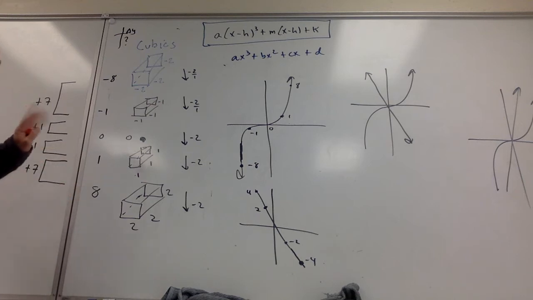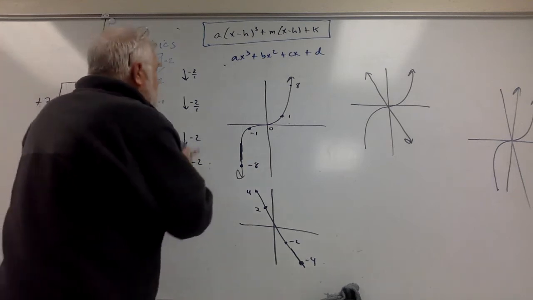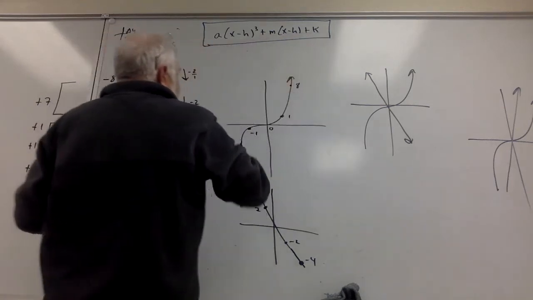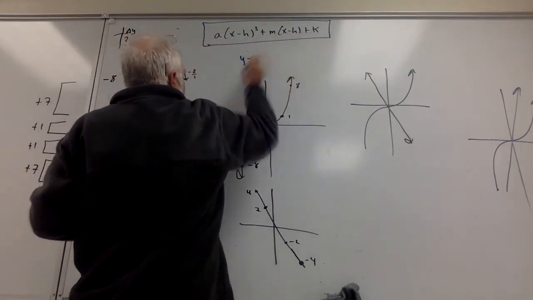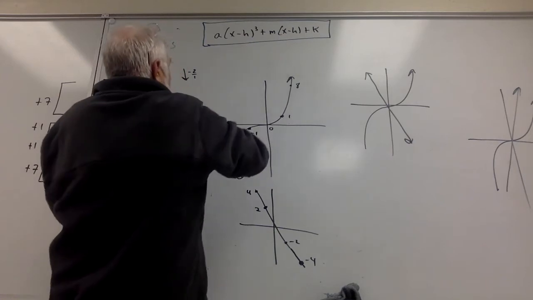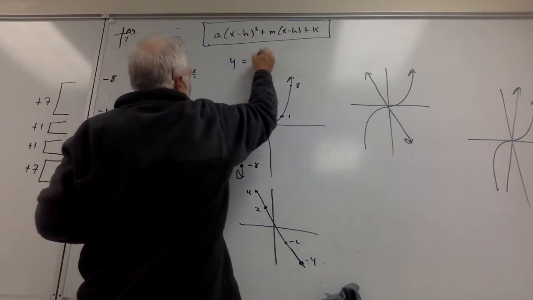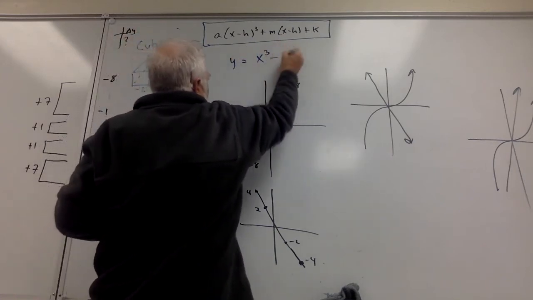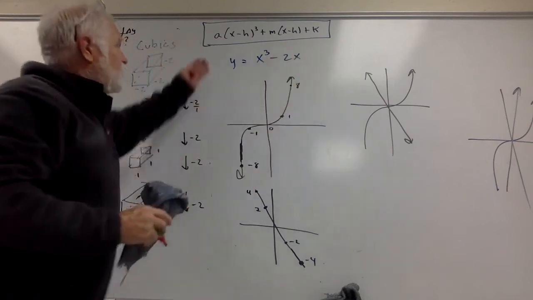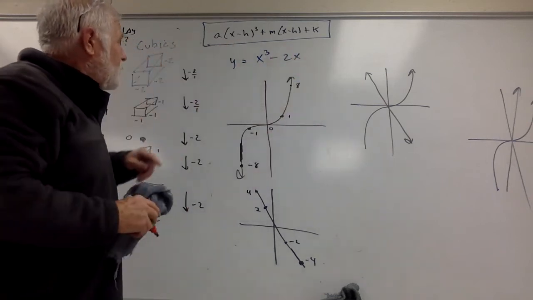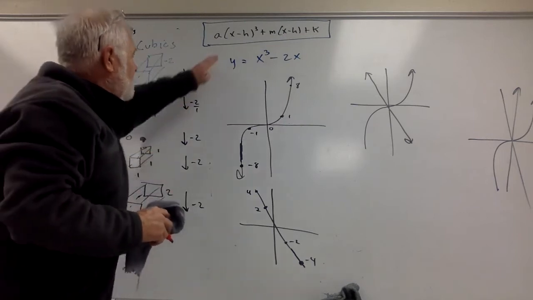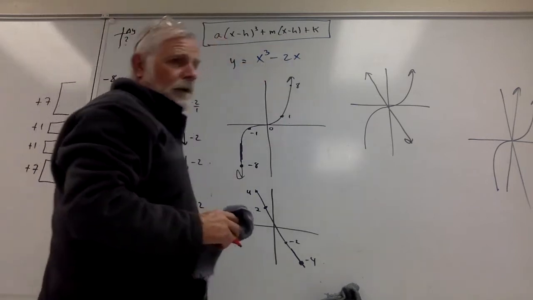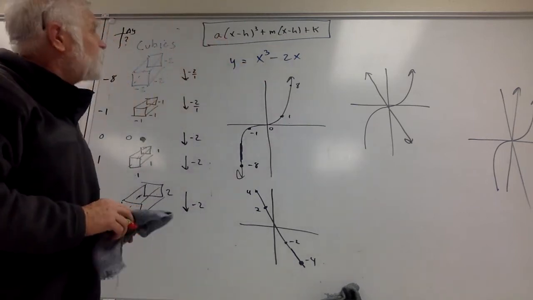And a moment ago I had what I wanted us to consider, which is, let's put the full thing together, y equals x cubed minus 2x, which is actually in this graphing form. It's got a cubic and a linear, and if you'll notice, you don't see anything squared up there.